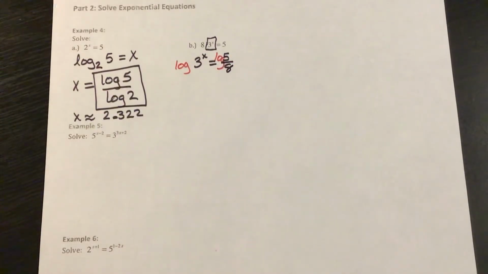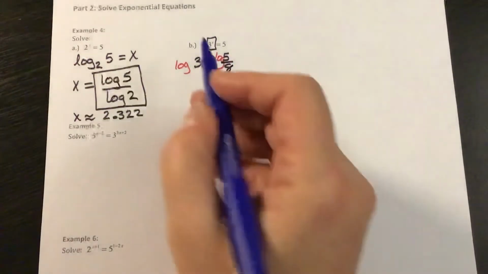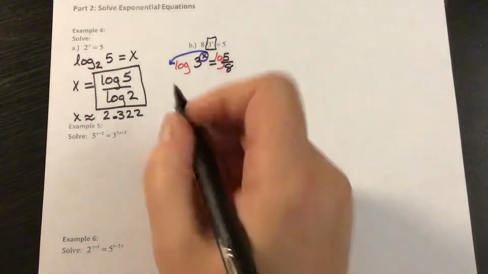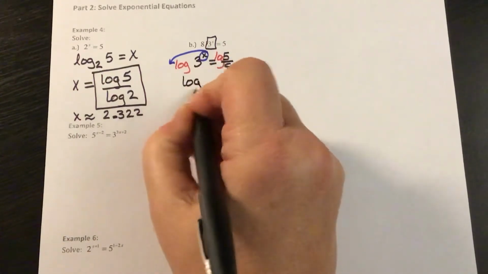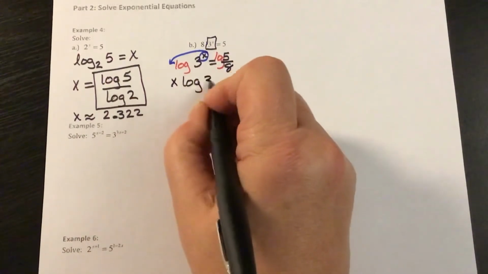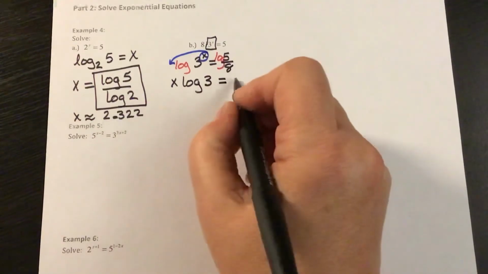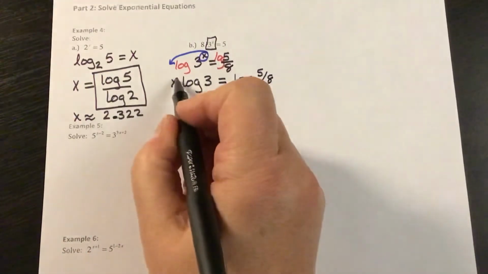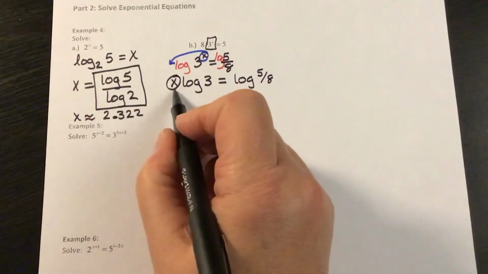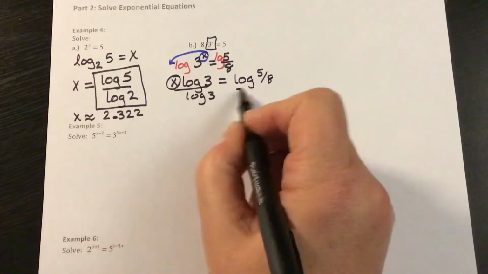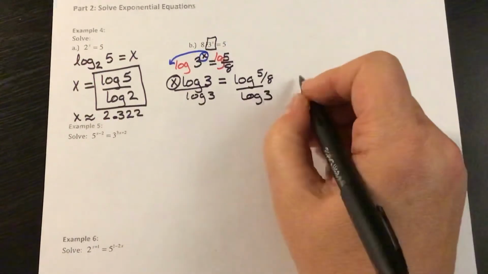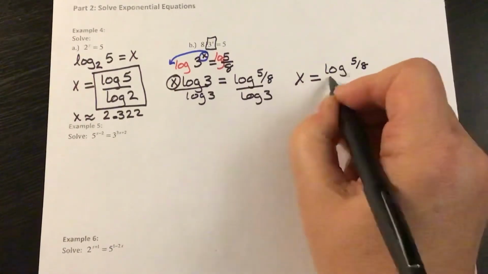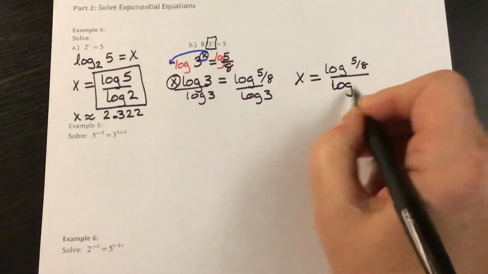And what happens now is I can take this exponent and move it in front of the log of 3. So I have x log 3 equals log of 5/8. And to find x, I'm going to divide both sides by log 3. And x would equal log 5/8 over log 3.